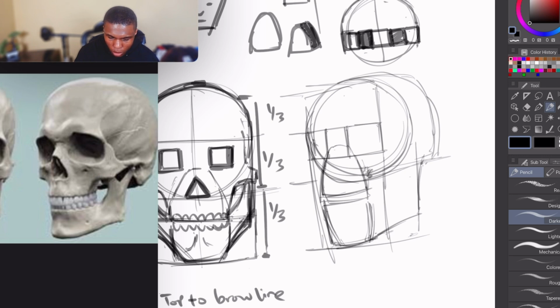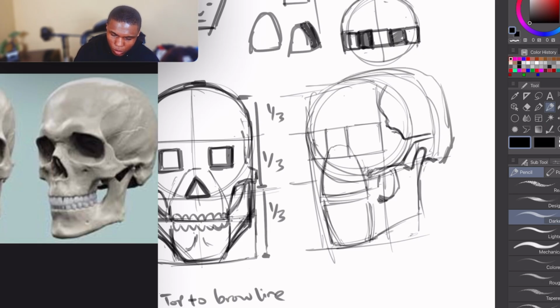And then our zygomatic arc is going to be here, like this. And just like that, we have our cranium.